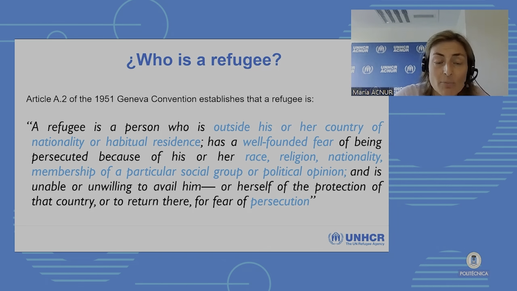So the general population can also become a non-governmental actor of persecution. And depending on the personal circumstances, we can talk also about, for instance, family members or a small community where you live, if nobody else in the country can provide protection against that persecution.